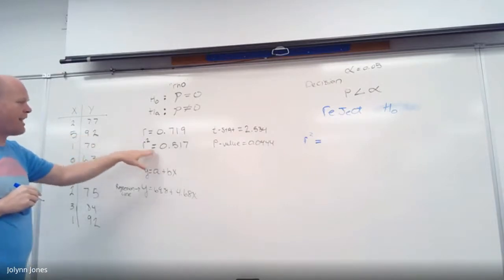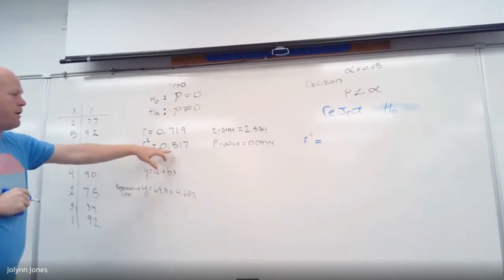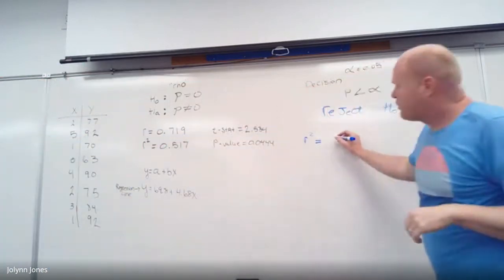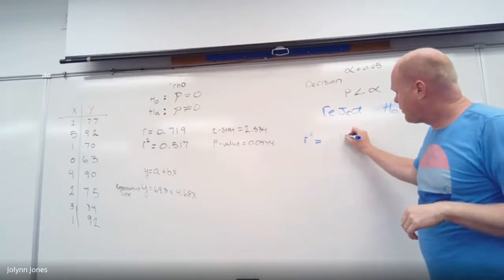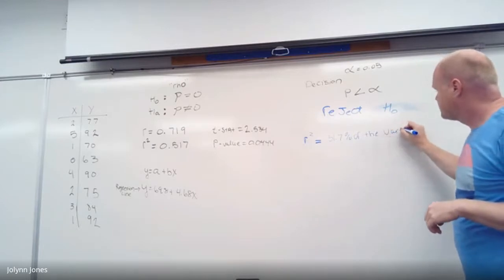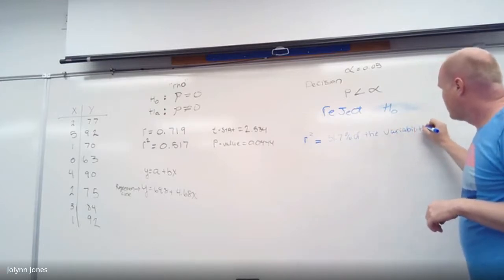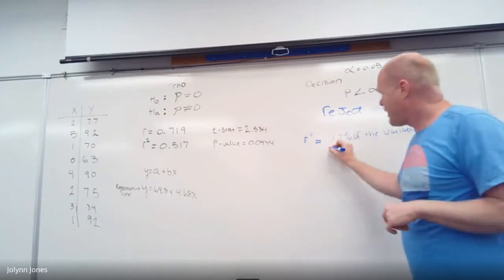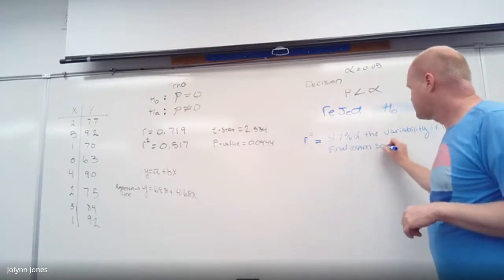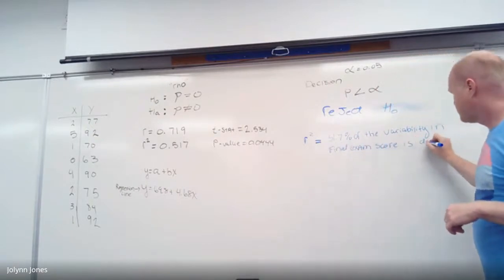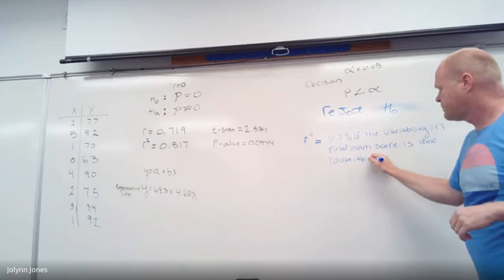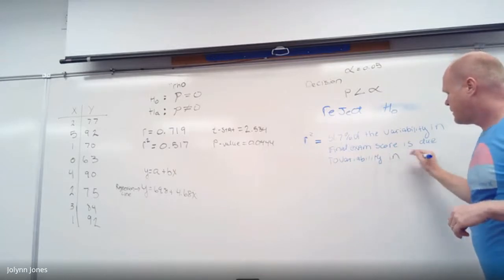R squared is actually a percentage of the variability as it relates to these two variables. So we're going to say 51.7% of the variability in final exam score is due to variability in study time.